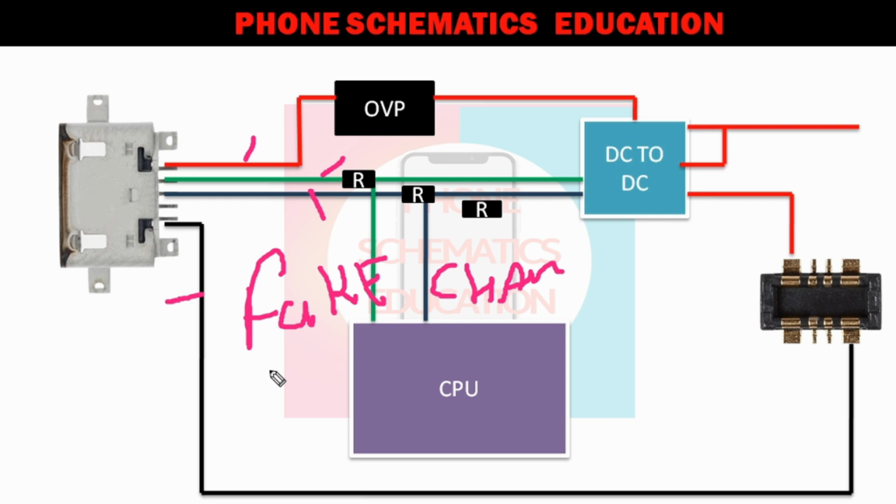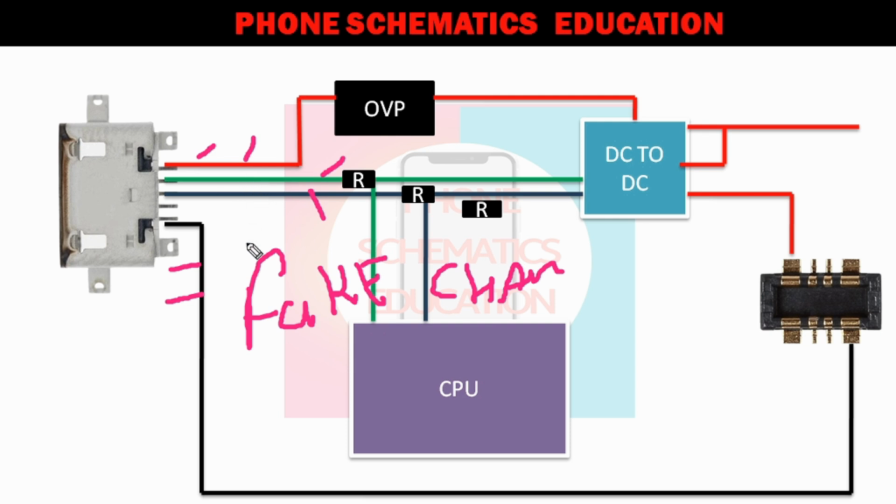Most of the time, this fault appears from these two pins. Suppose a phone comes to you for charging port replacement, and any one of these lines is not connected properly or a track is missing. When you connect these lines, most of the time your phone is in fake charging mode. Clear? So both these pins are important.